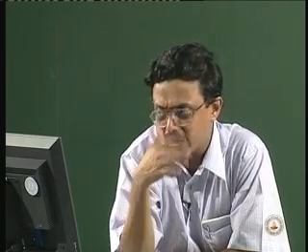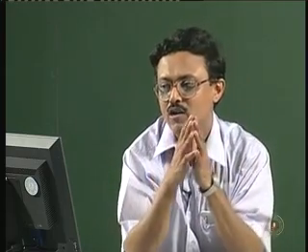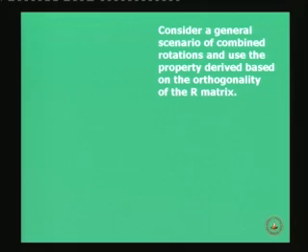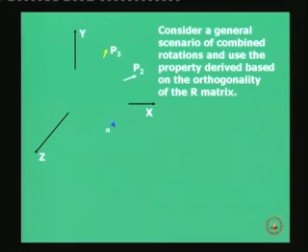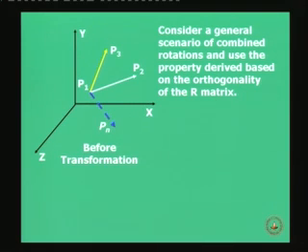And so, if that is the case, I make a step jump and come to a general scenario of combined rotations, where I use this property based on the orthogonality of the R matrix. This is a scenario of 3 different vectors.